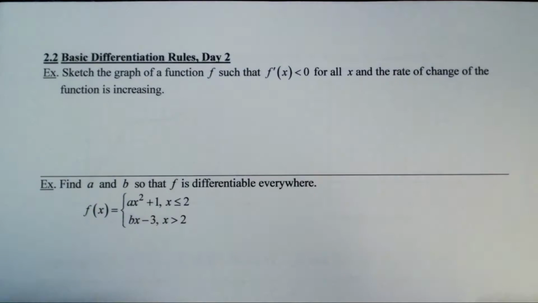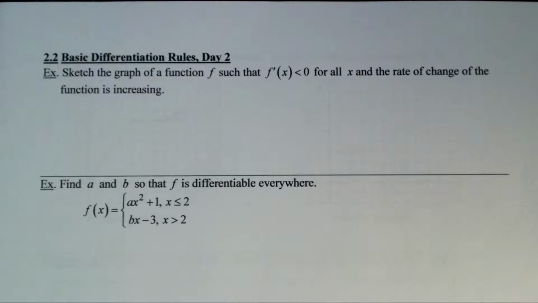The example asks us to sketch the graph of a function f such that f prime of x is less than 0 for all x, and the rate of change of the function is increasing. So essentially what it's asking us to do is graph a function whose slope is negative, right?